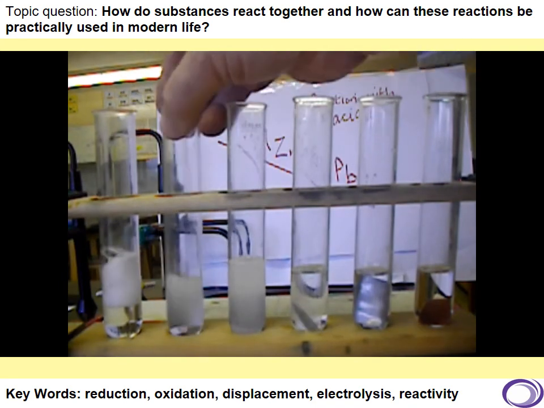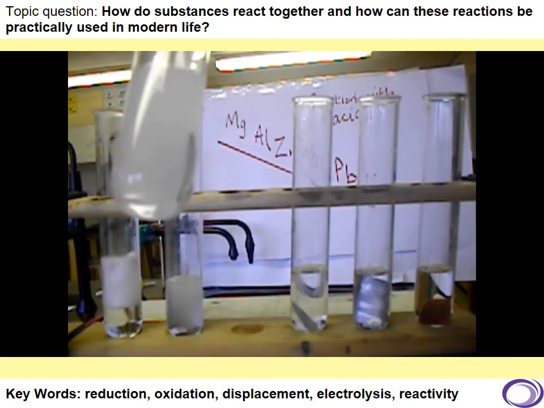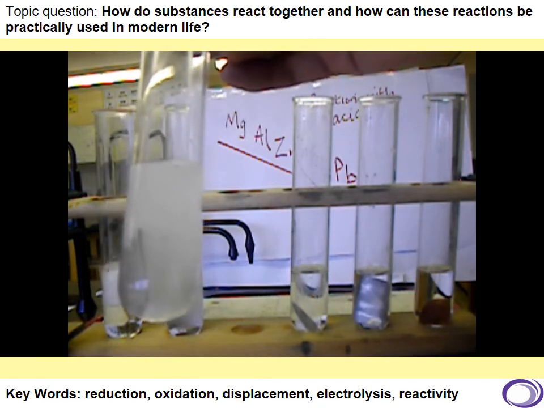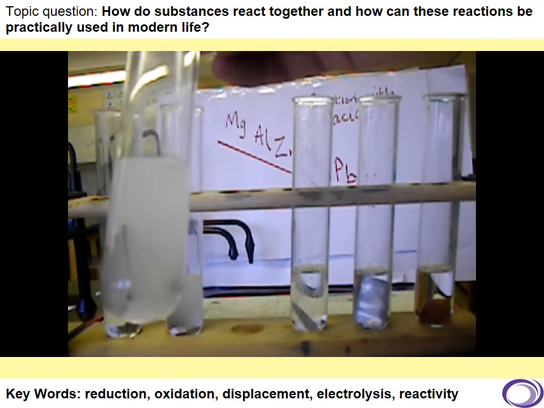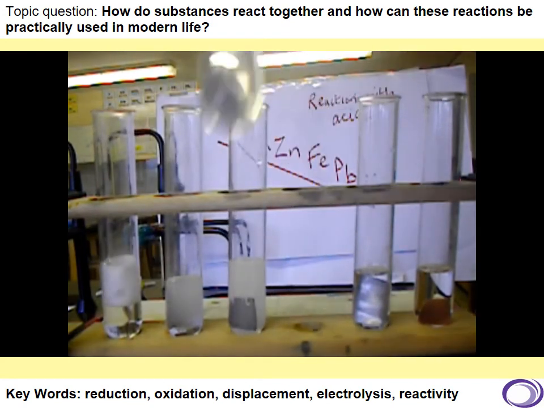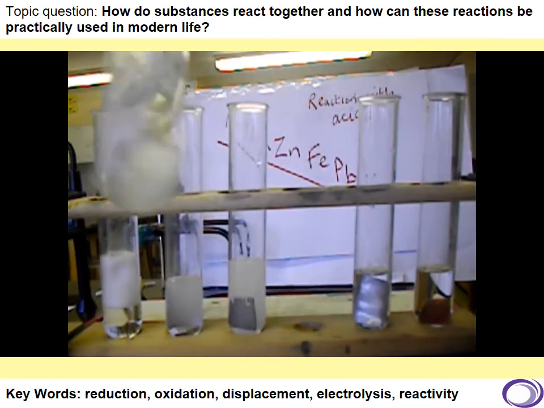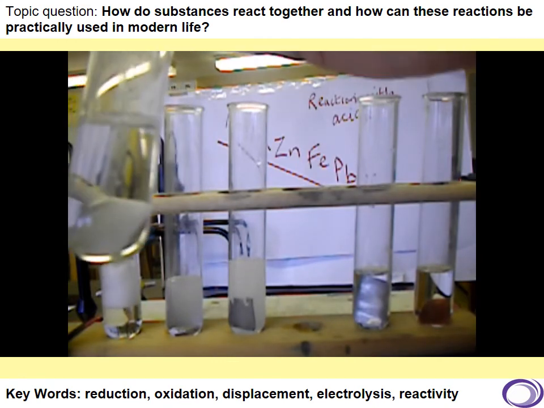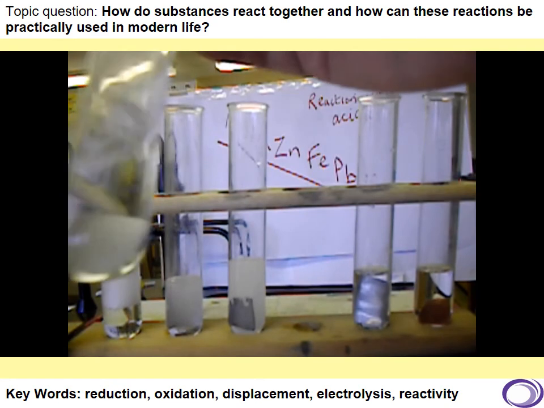In fact, at this stage, the zinc is reacting considerably more vigorously. According to the bubbling I see here, I might get awarded a score of 5 or 6. Here we've got the iron, and all I can see is a slow stream of bubbling coming up from the iron. I might award that a score of 1.